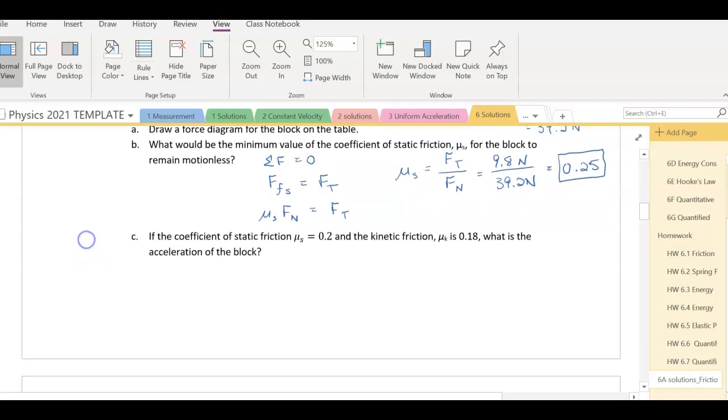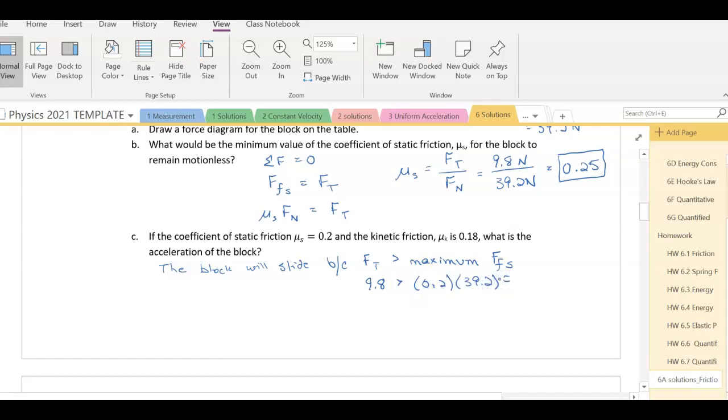In this case, the block will slide because the tension force is going to be greater than the maximum static friction force. 9.8 is greater than 0.2 times 39.2.